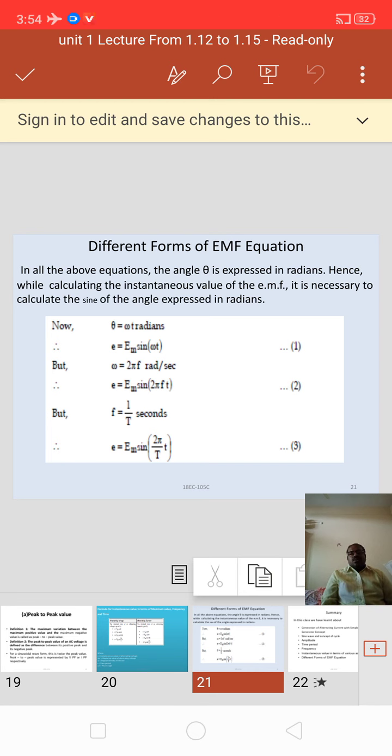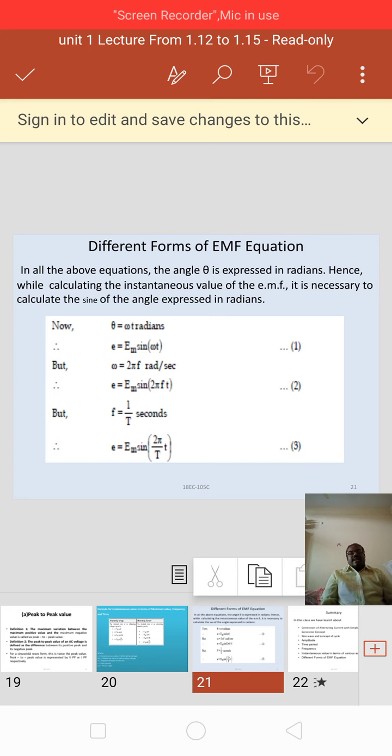E equal to Em into sine of theta, where E is the EMF of the alternating voltage or current. E equal to Em sine theta can be written as Em sine omega t. Now, E equal to Em into sine of omega t, where omega can be written as 2 pi f radians per second, that is omega equal to 2 pi f. So E equal to Em sine of 2 pi f into small t.